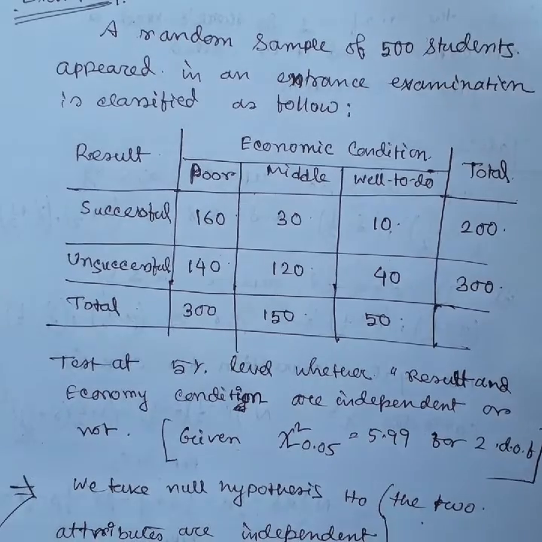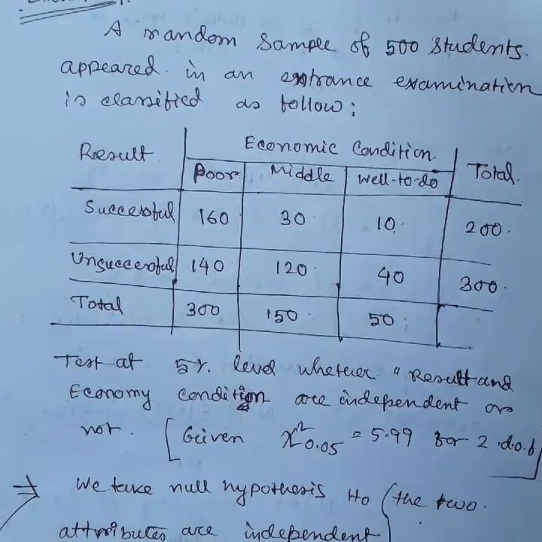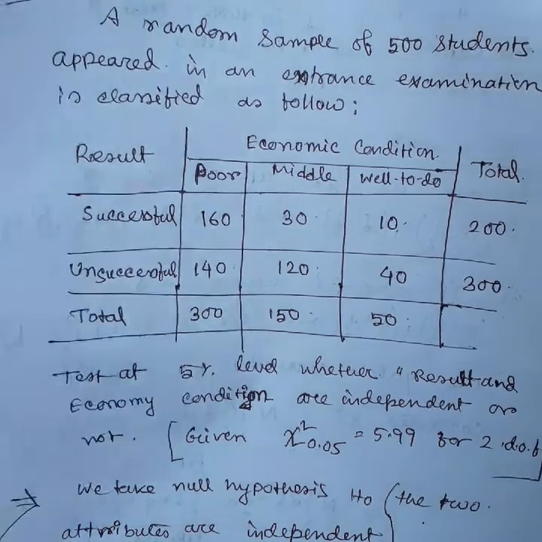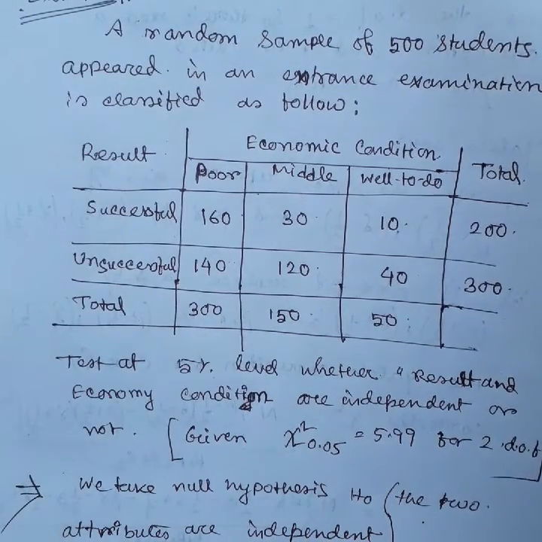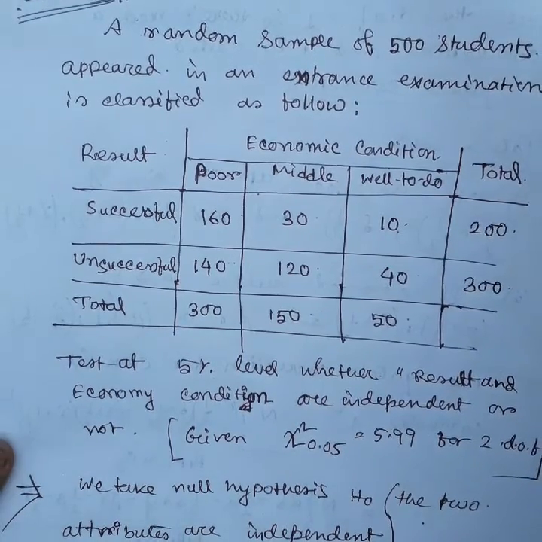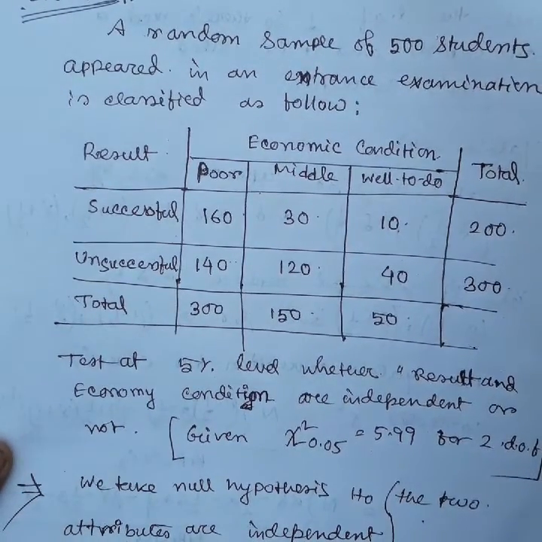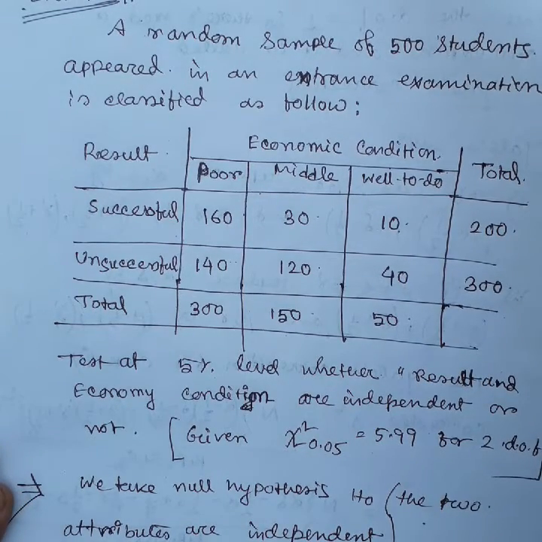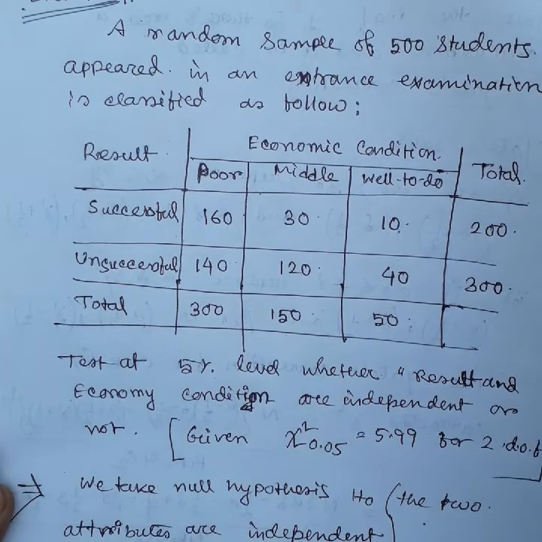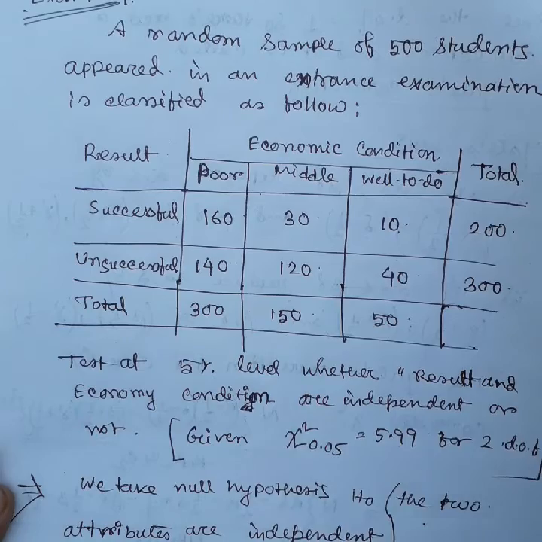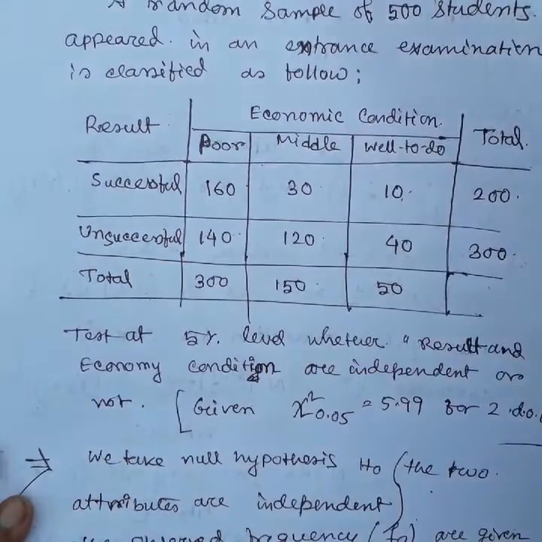Okay, this is our null hypothesis. So the observed frequencies FO are given in a 2 by 3 contingency table.